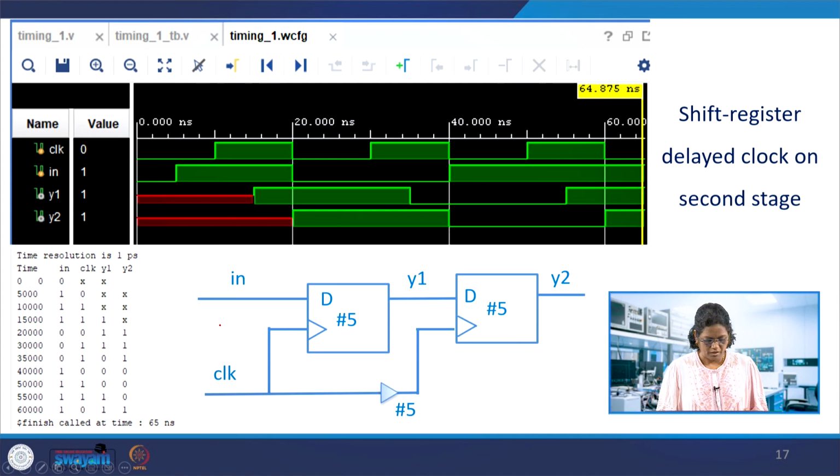So let's see the output over here. The clock is shown here, and the input is sampled and assigned after 5 time units. That's what we see here: y1 gets the value after 5 time units, and again here it takes another 5 time units.